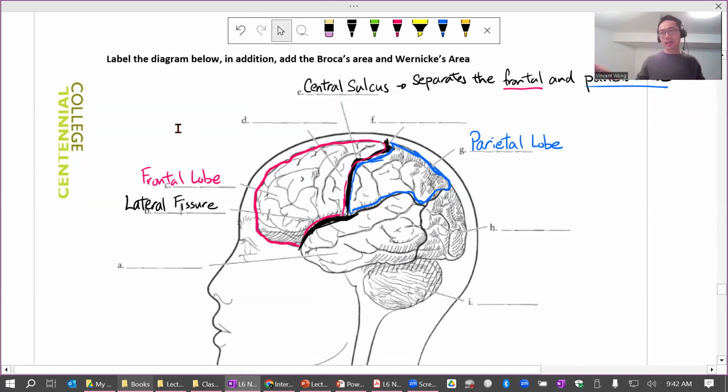It just depends on the textbook and the diagram. The key thing is it means the same thing. This one, you can probably guess, separates the frontal lobe from the temporal lobe.